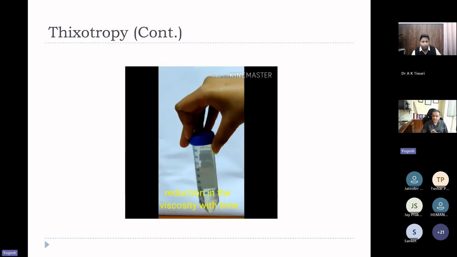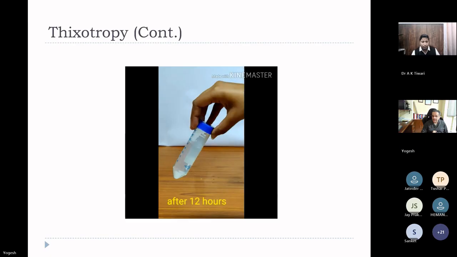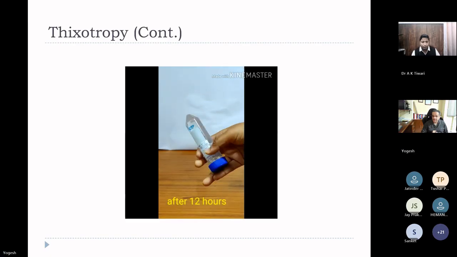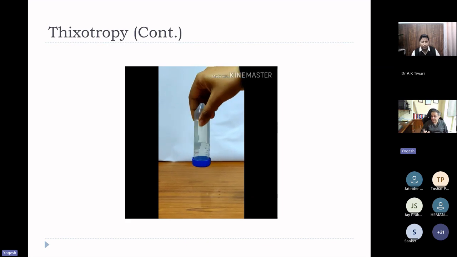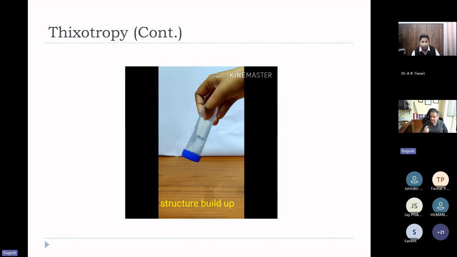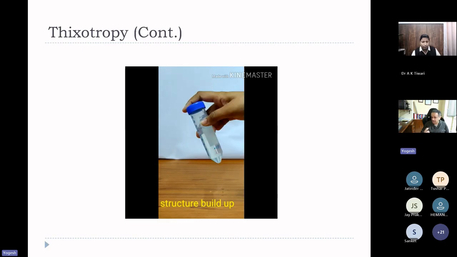Go back to the same position, it again flows. And after some time, it resolidifies. So this is the typical thixotropic phenomenon that we are talking about.